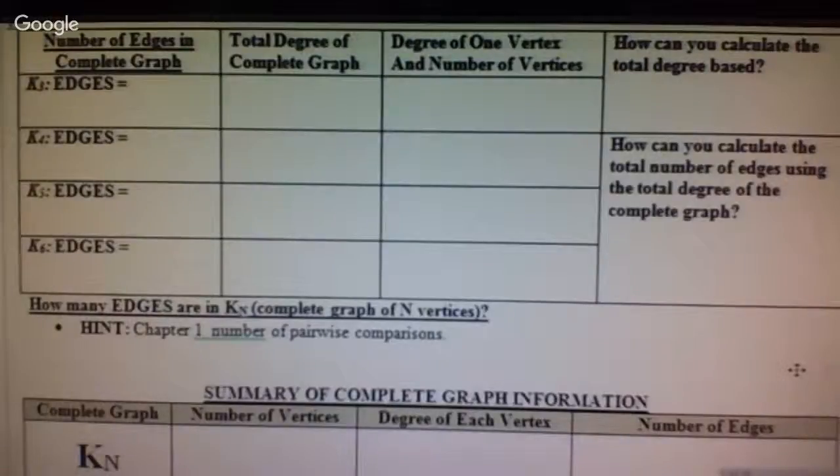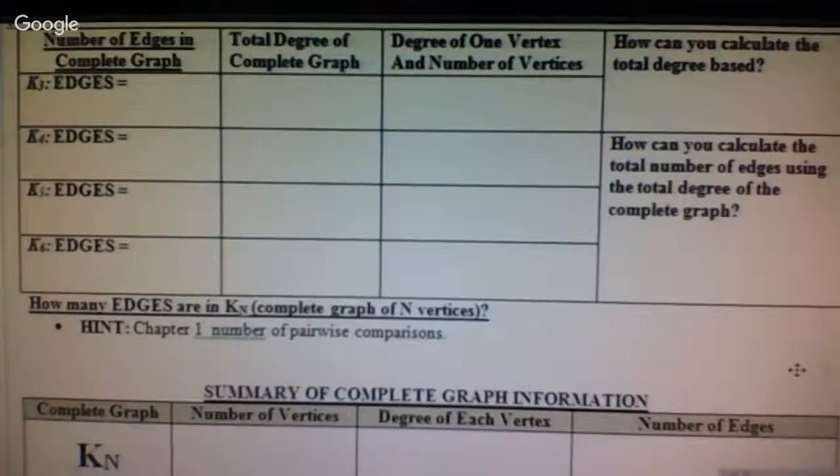How many edges are in that graph? 3. Count your edges. K sub 3. 3? Perfect. Sorry, I was looking at 4 instead of 3. My bad. Okay, so we've got 3 edges.